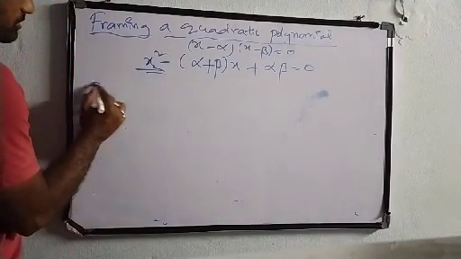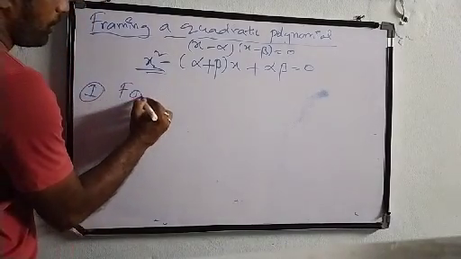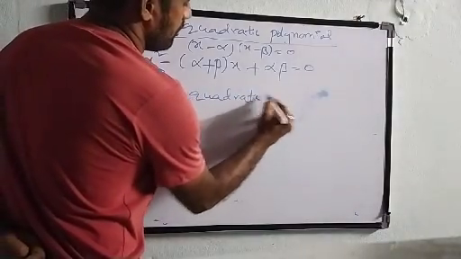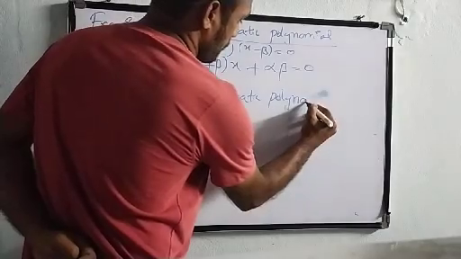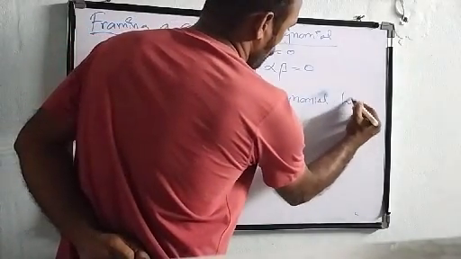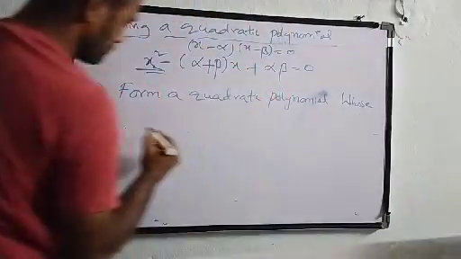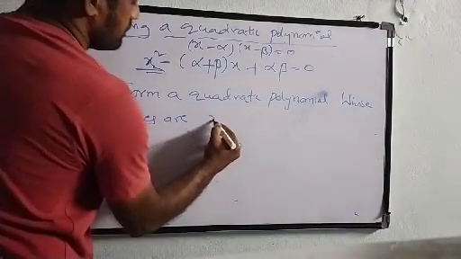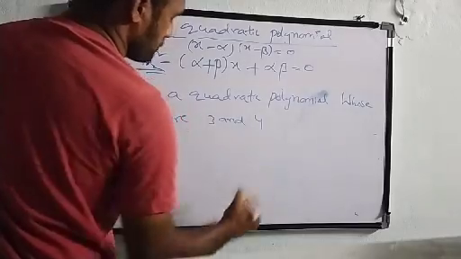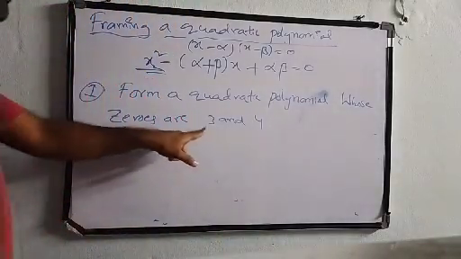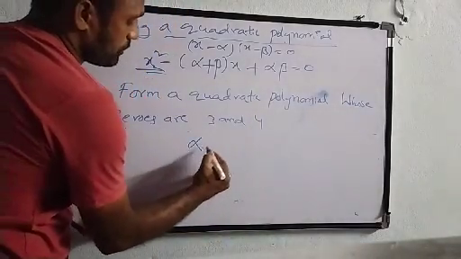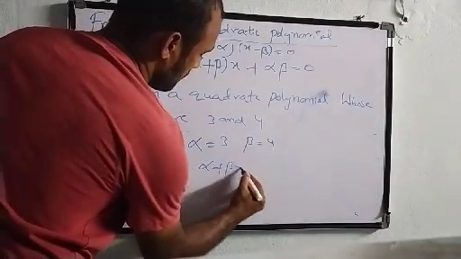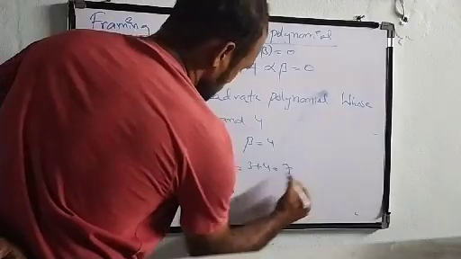So let us take a question. Form a quadratic polynomial whose zeros are 3 and 4. So alpha is given as 3 and beta is given as 4. So alpha plus beta is 3 plus 4, which is 7.